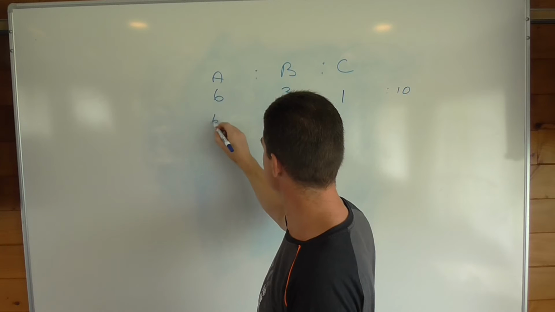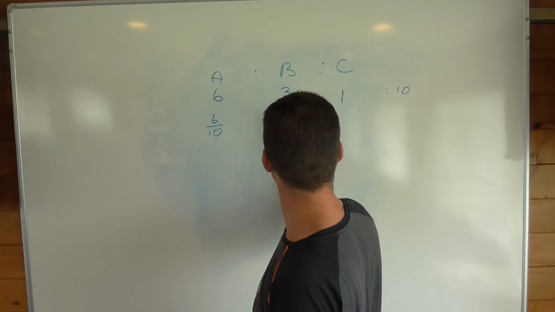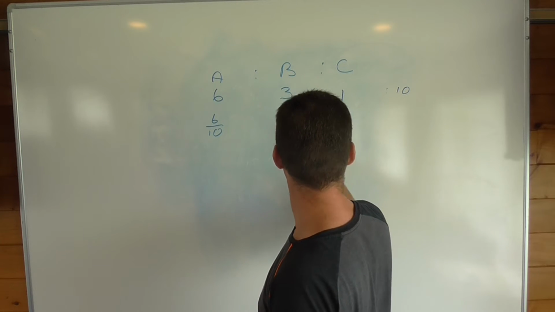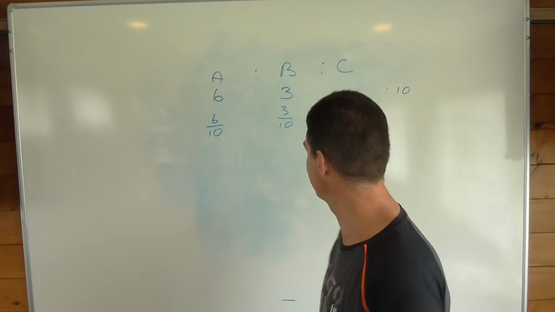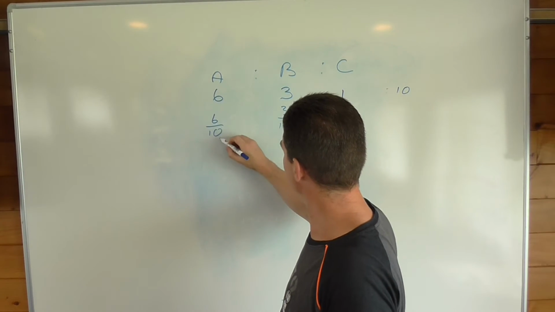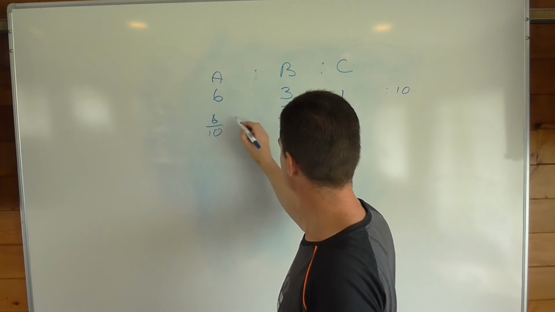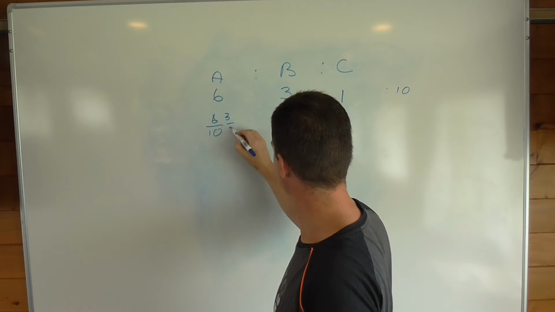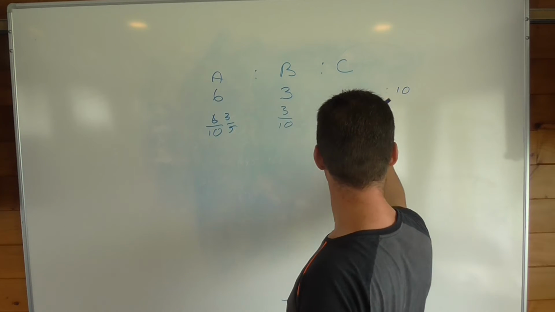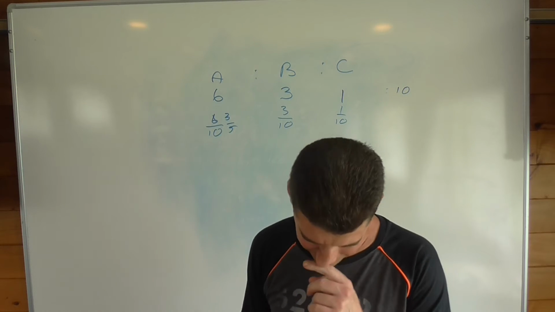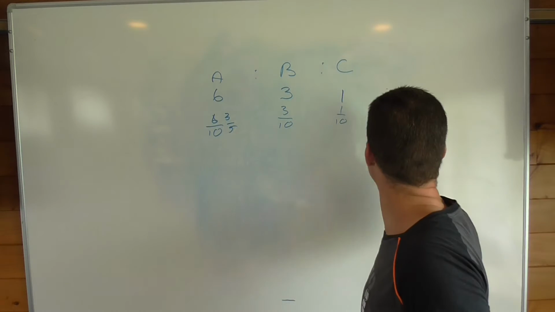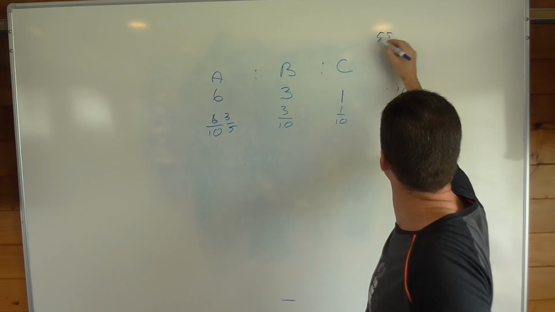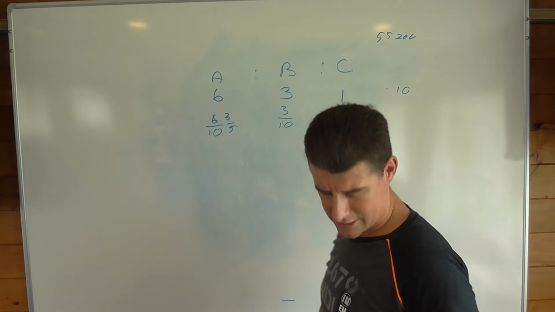So that'll be 6 over 10, 3 over 10, and 1 over 10. Let's make it simpler. So that'll be 3 over 5. Those other two can't be simpler. Okay, so let's see what the total is. 55,200.